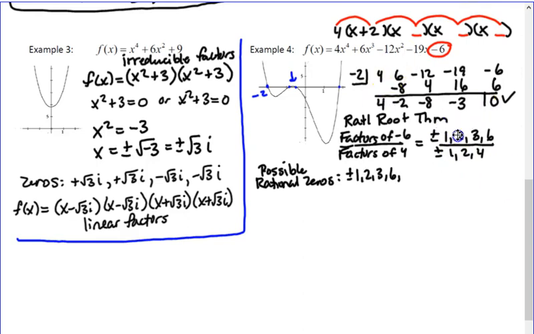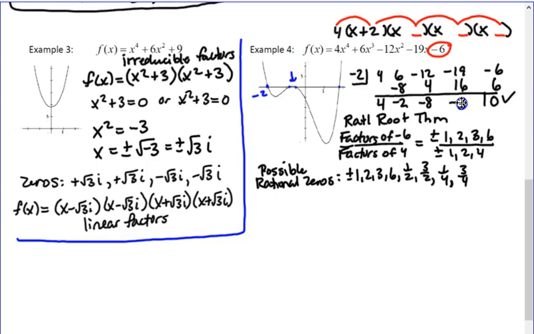Now if I take all the numerators divided by 2, I would get 1/2, 2/2, which is 1, 3/2, and 6/2, which is 3. So the only additional numbers would be 1/2 and 3/2. Then if I take all the numerators and divide them by 4, I could get 1/4, 2/4, which is 1/2, 3/4, and 6/4, which is 3/2. So the two additional ones are 1/4 and 3/4.